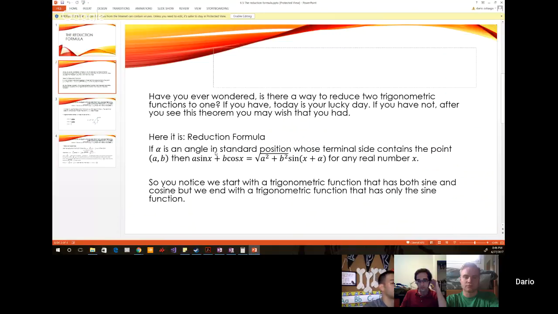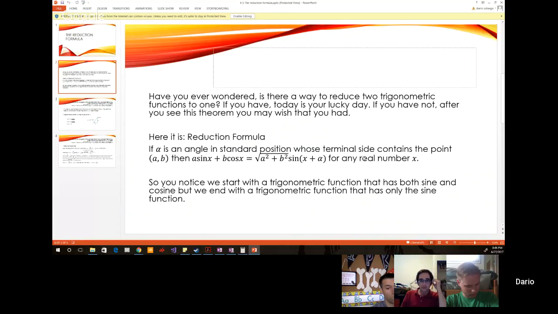If A is an angle in standard position, which is along the x-axis, basically 0, 1 on the unit circle, whose terminal side contains a point (a, b), which is anywhere along that circle, then a sine x plus b cosine x is equal to the square root of a squared plus b squared times sine of x plus alpha, for any real number x.